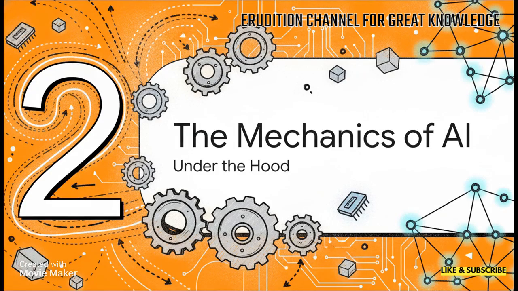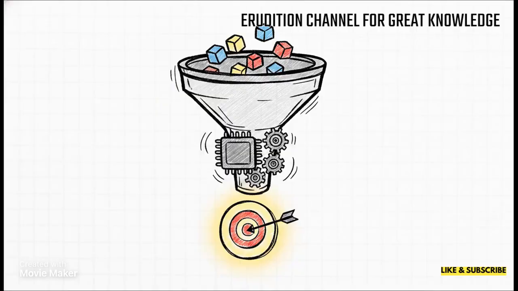Section 2. The mechanics of AI. Okay, so we've talked history and philosophy, but let's actually get under the hood here. What exactly is artificial intelligence today? In its simplest, most technical form, AI is a discipline that combines computer science with substantial data sets to enable complex problem solving. And it includes those deeply integrated subfields you've probably heard of, like machine learning and deep learning.